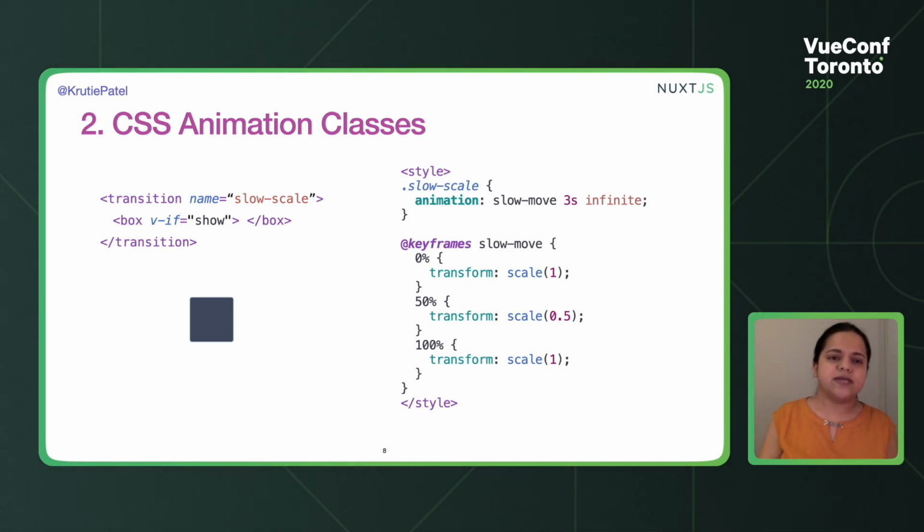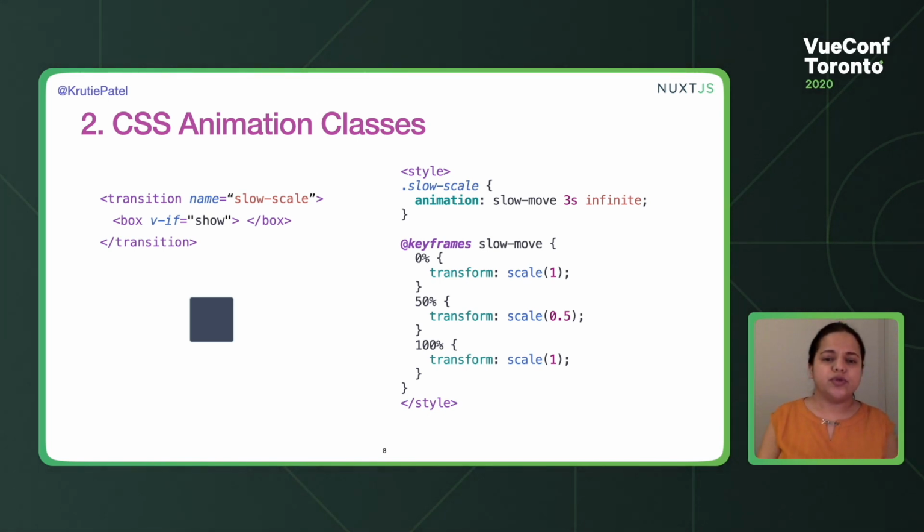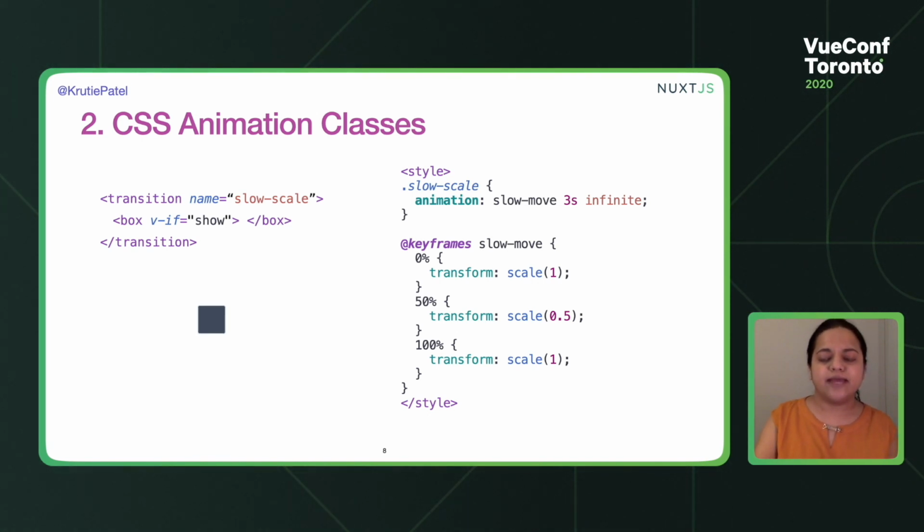CSS animations are slightly different than CSS transition, because here we can move our element from point A to point B to point C using keyframes, and then they use animation attributes to capture those keyframes. So for example, here we are animating the scale attribute of our element, and it looks like this.